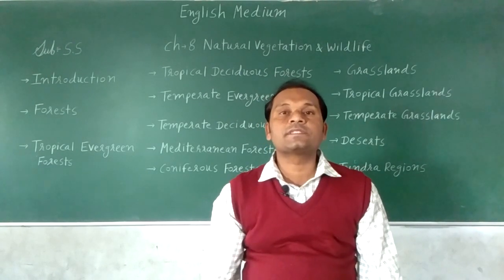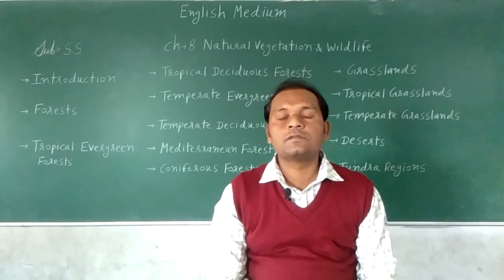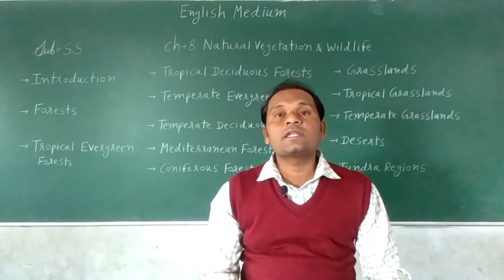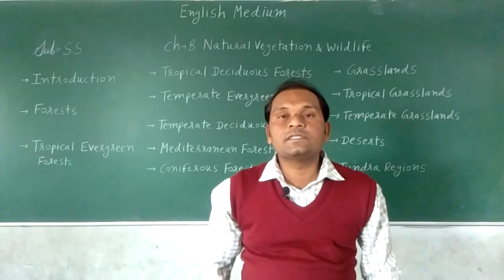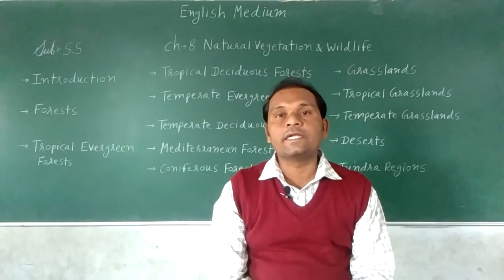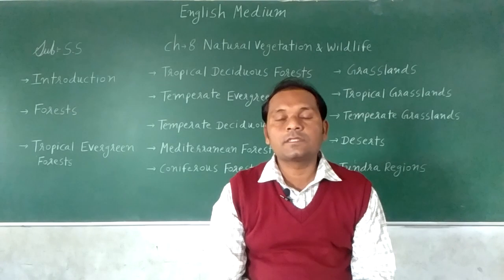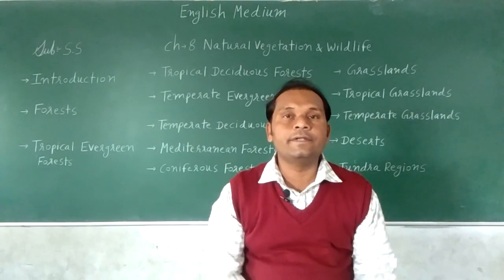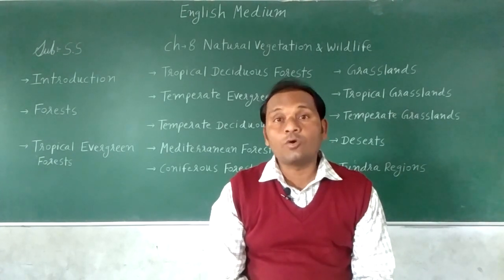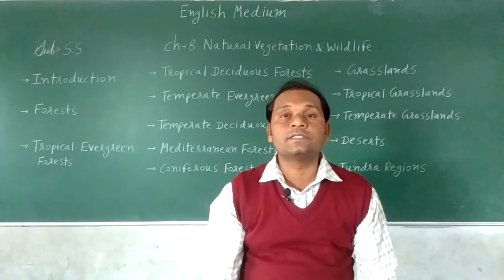So natural vegetation is the forest, grasslands, deserts, and tundra regions. This flora and fauna depends on the climate, weather conditions, and the temperature of that particular place, and it also depends on the soil of that place.